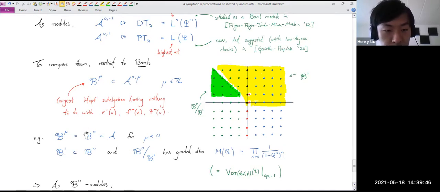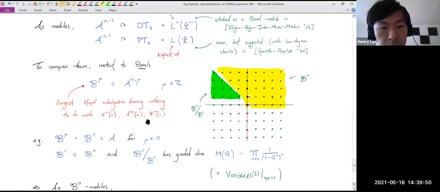And like I said, B minus 1 is just B0. So now we have a B0 module and we have a B1 module. And as you can see from our picture here, B1 is a subset of B0. It's a Hopf subalgebra of B0.